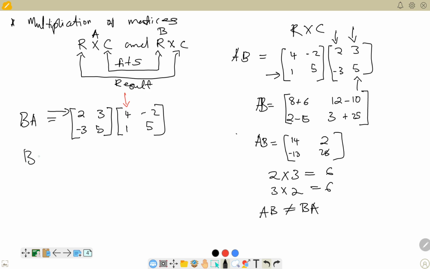Then when we do that, BA is going to be, we start with 2 times 4, it's 8. Then 3 times 1, it's 3. Then we are done with that.